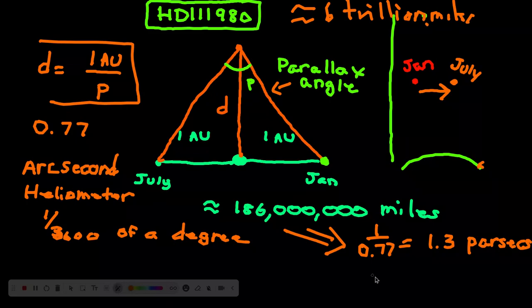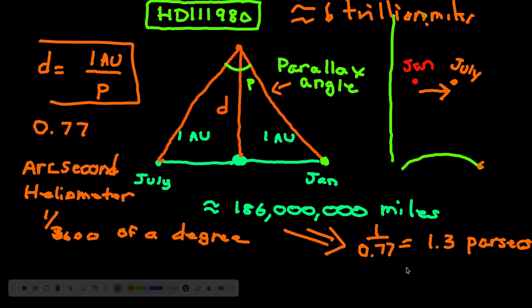So, if we know now that Proxima Centauri is 1.3 parsecs from us, but since 3.26 light years is 1 parsec, well, then we just do the math.